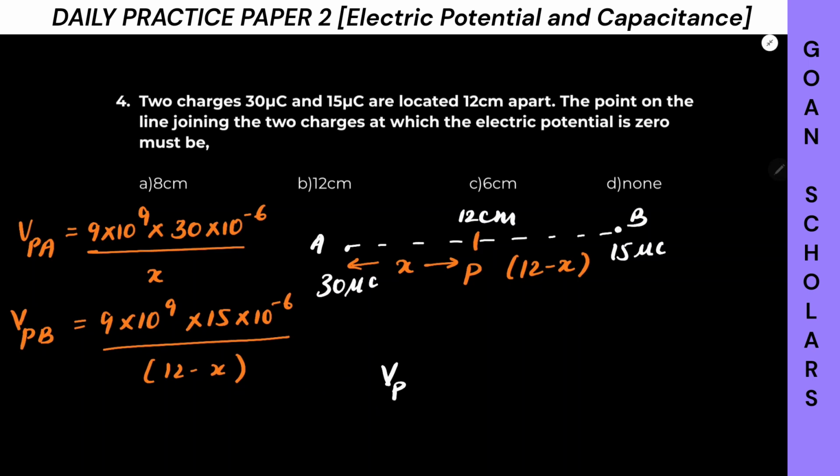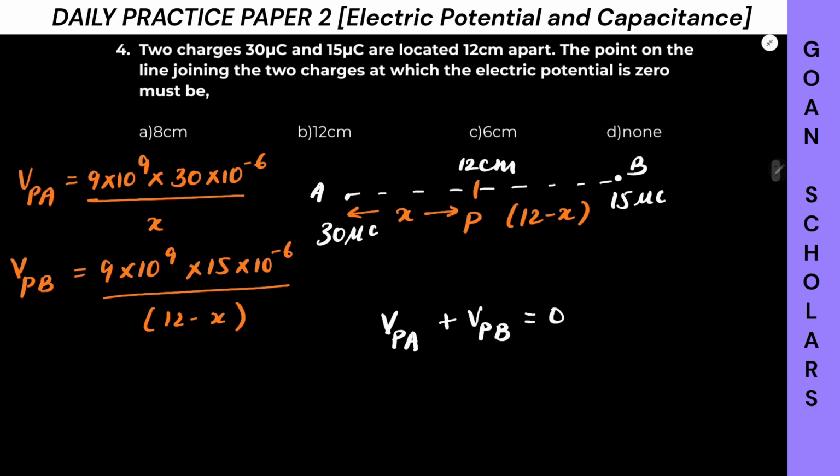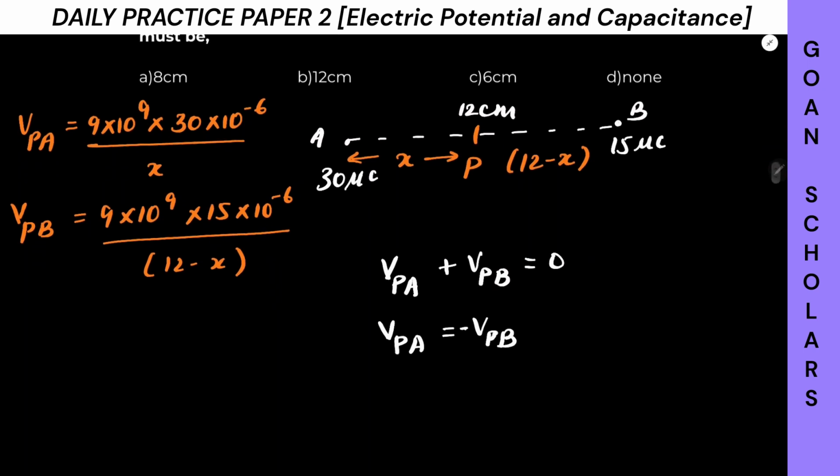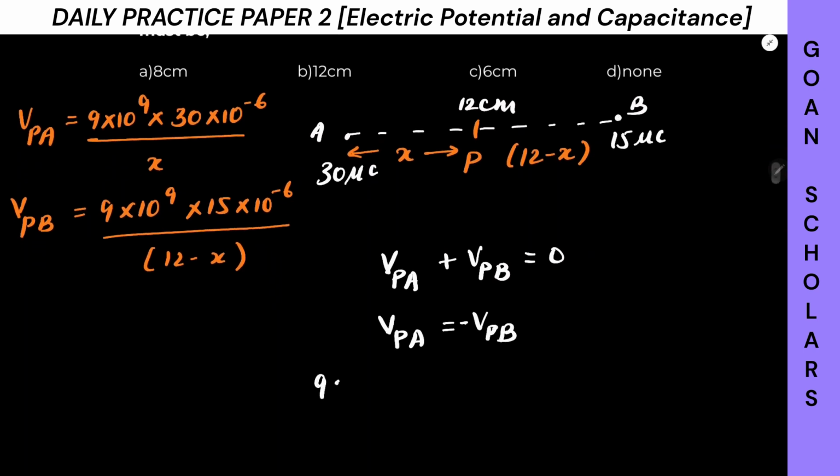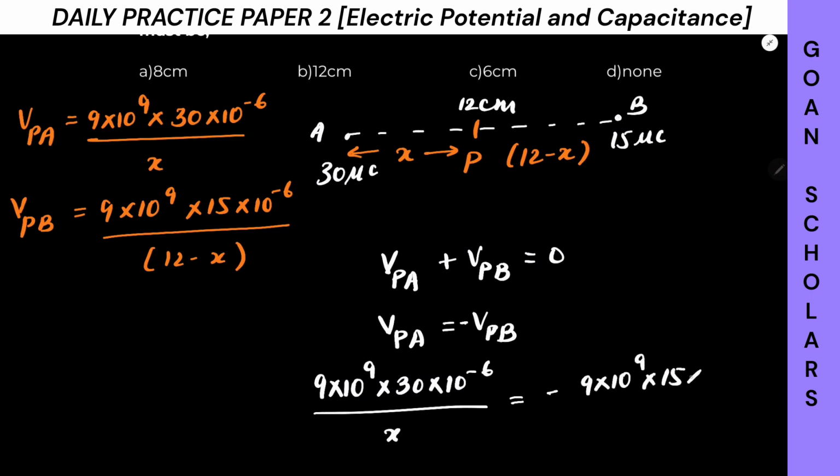So potential VPA plus VPB is equal to 0. Correct? So what is VPA? I am taking VPA equal to minus VPB straight away. So VPA will be 9 into 10 to the power 9 into 30 into 10 to the power minus 6 whole divided by separation, which is x, equal to minus VPB. What is VPB? 9 into 10 to the power 9 into 15 into 10 to the power minus 6 whole divided by separation, which is 12 minus x.